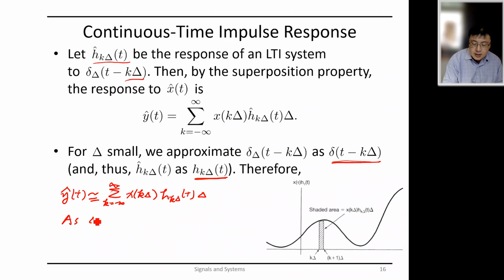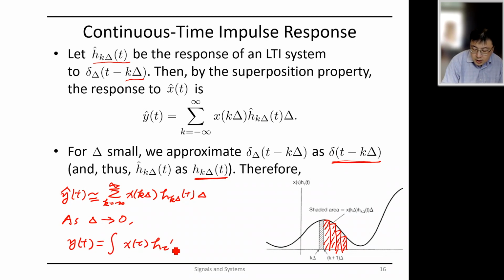So as delta goes to 0, this summation above, which is the summation of these rectangular strips here, okay, converges to the integral of this continuous function here, which is x of tau h sub tau of t d tau. Okay.